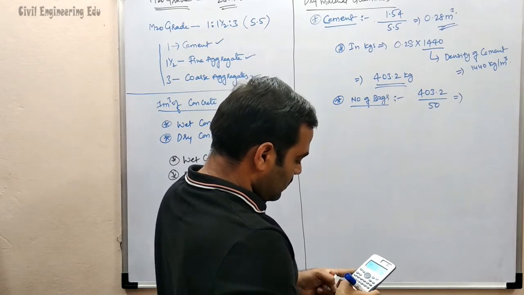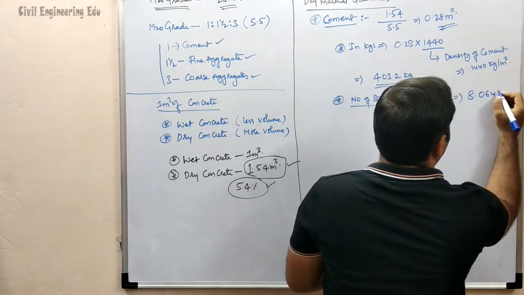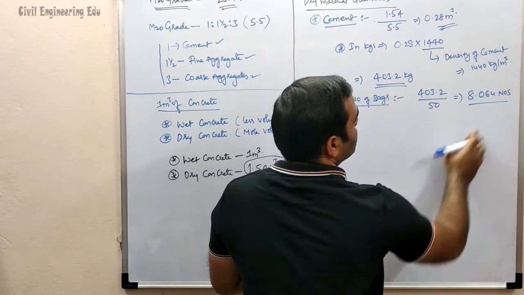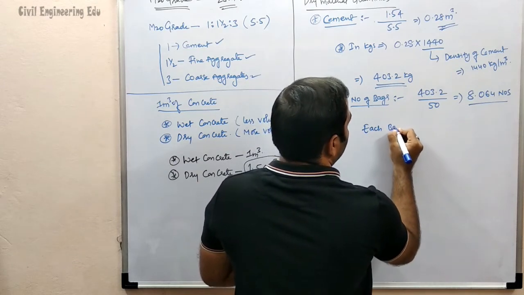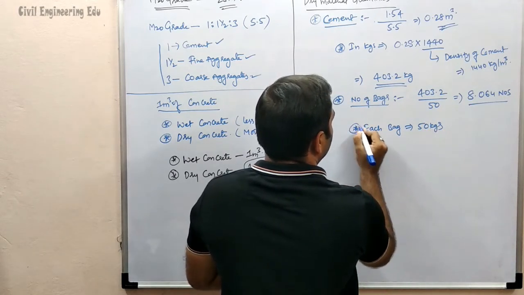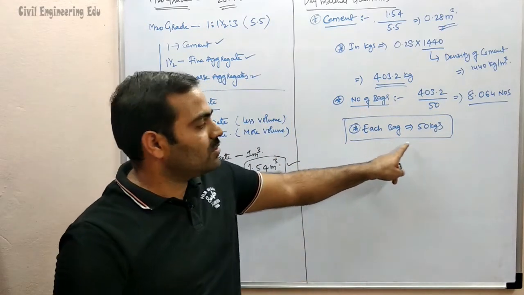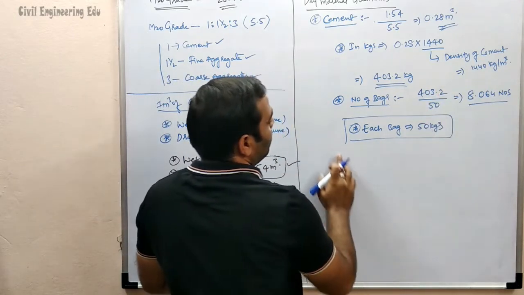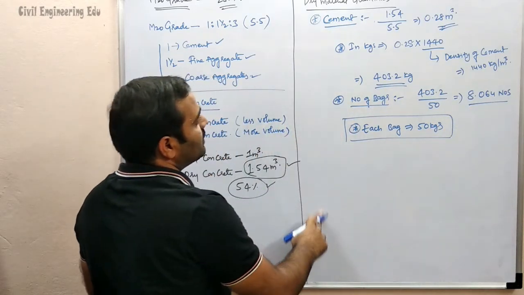Each bag is equal to 50 kgs. So this is the reason I have divided with 50. Each cement bag is of 50 kgs. So directly we can divide with number of kgs. So we will get 8.064 bags. So this is the calculation for cement.